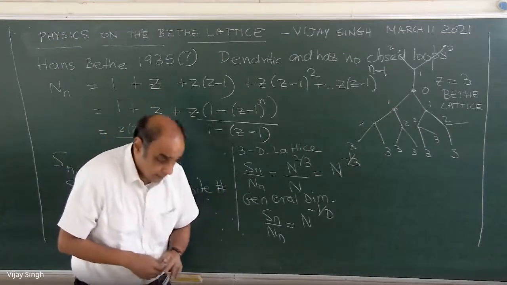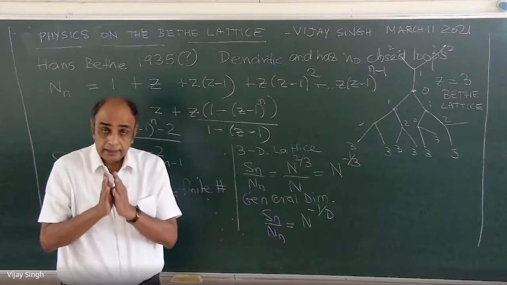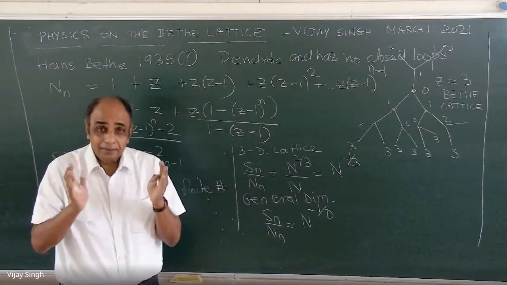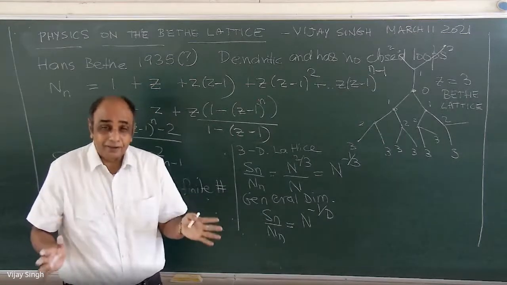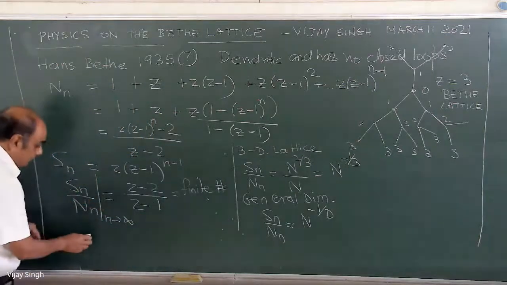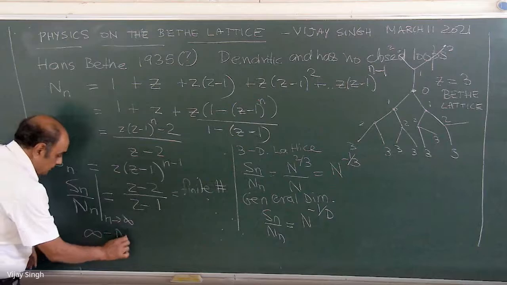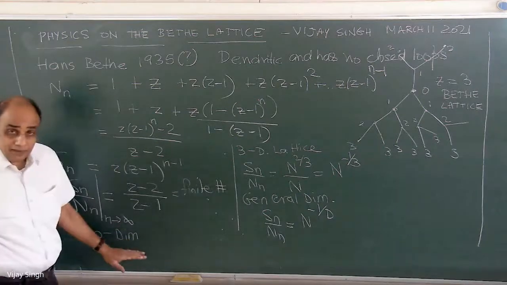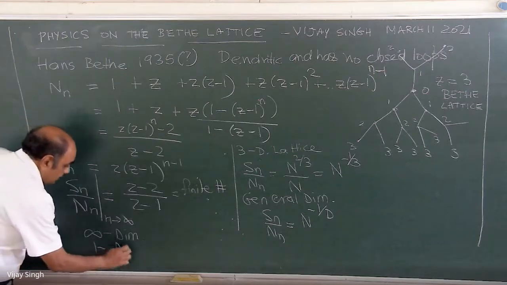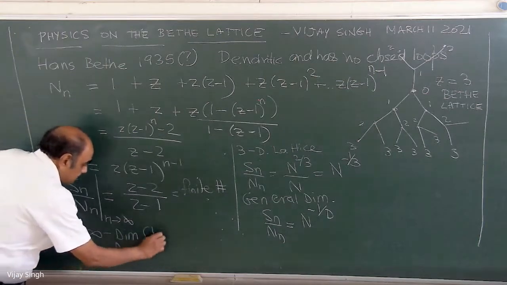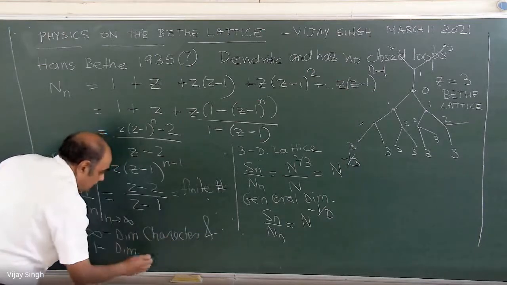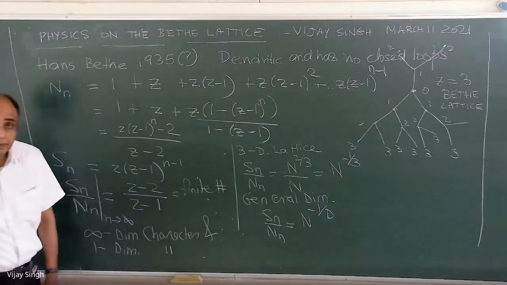However, I have to stress that the Bethe lattice has, if I might put it, a somewhat schizophrenic character. It sits in infinite dimension. It has an infinite dimensional character, but it also has a one-dimensional character. You might say, why is that?